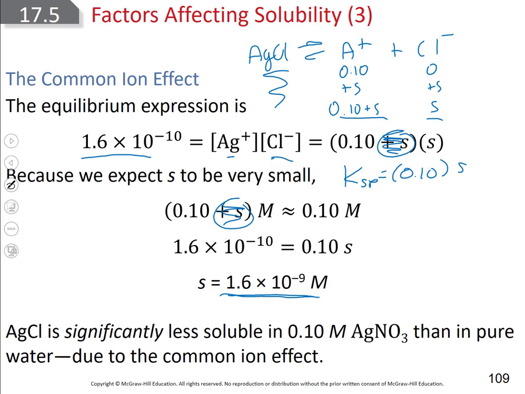Because basically what we're doing is, in our equilibrium expression, by adding silver nitrate, we were increasing the amount of one of the products. According to Le Chatelier, if we add some product, that's going to drive the reaction which way, forward or backwards? Backwards. So if we drive the reaction backwards, that's back to the reactant, which is the solid. So less will dissolve. We'll have more solid and less that was dissolved.